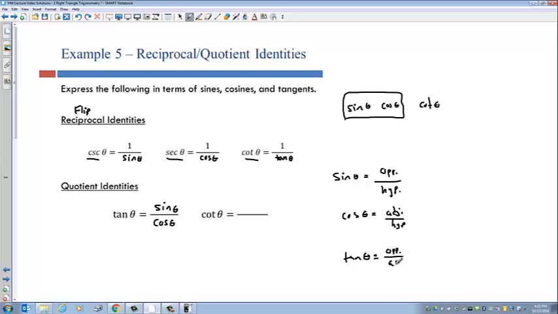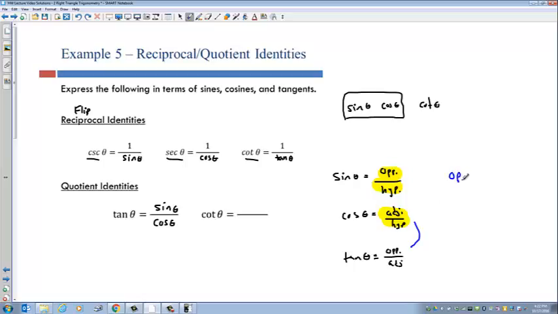over the adjacent. And so what you want to notice here is that we can use these 2 expressions to create this expression. And it's really easy. You just take this and divide by that.